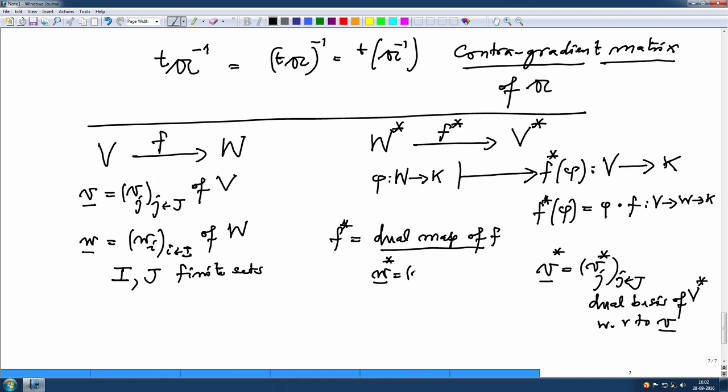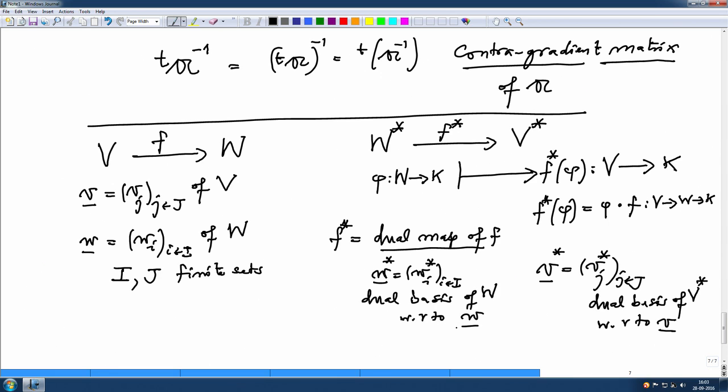These are the coordinate functions of the basis. So this is the dual basis of W with respect to the basis W.